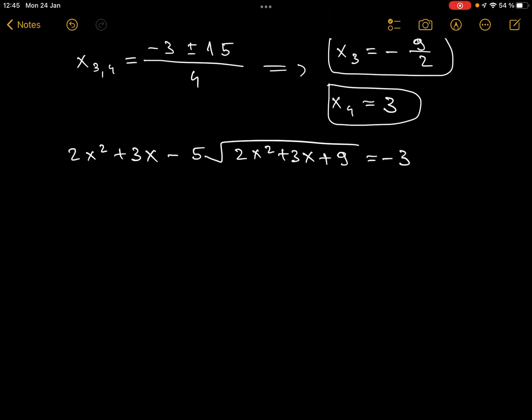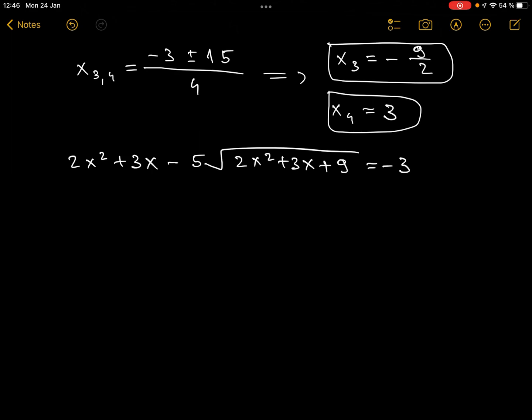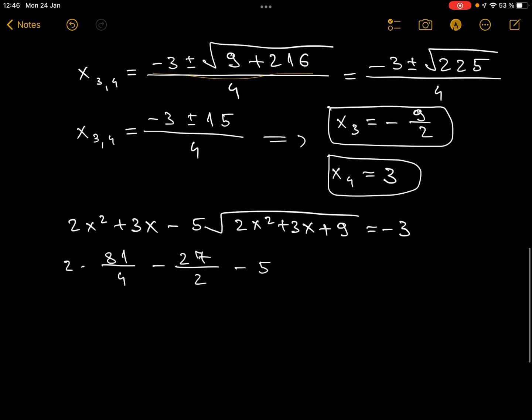So when we plug in x3, or minus 9 over 2, we'll get 2 times 81 over 4 minus 27 over 2 minus 5 times the square root of 2 times 81, which is going to be 81 over 2, right?